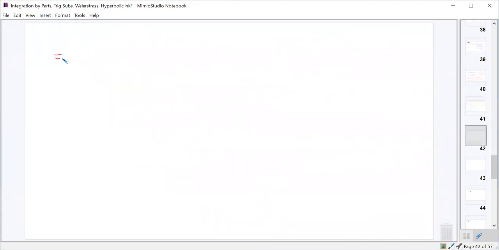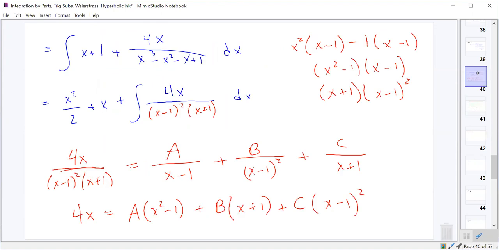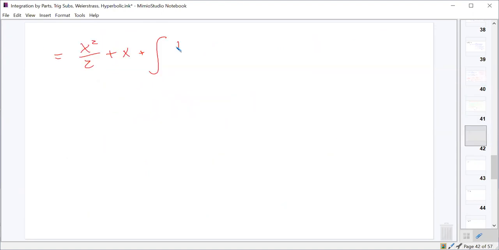So what does our integral now become? We already had an x squared over 2, right? And we had an x. And so now we've got our integral of, I have to go back and look here. A was 1, right? So 1 over x minus 1.